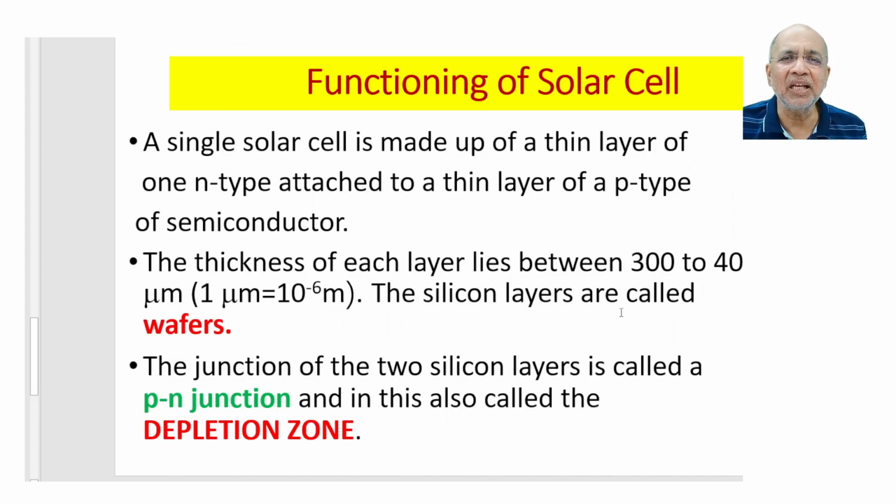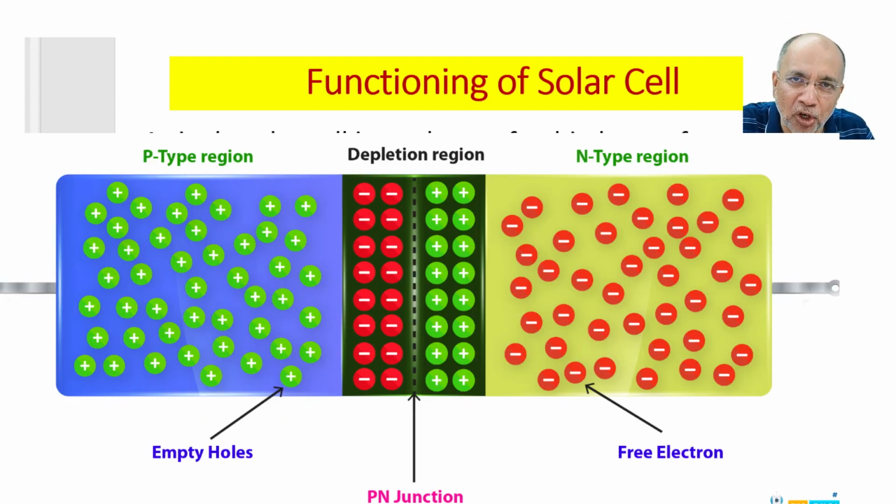A solar cell is nothing but a combination of two semiconductors. One is N-type, the other one is P-type. When you attach these two types of semiconductors, the junction between the two layers is called the PN junction. In this video, we are not going to talk about making a PN junction into a diode or a triode.